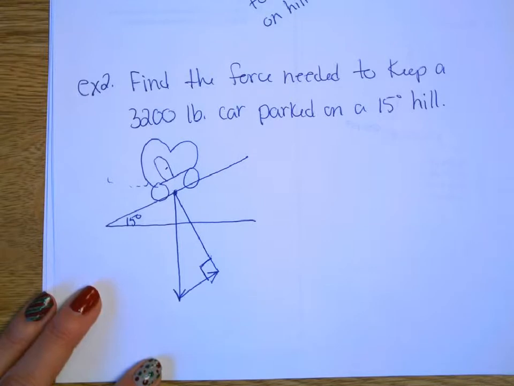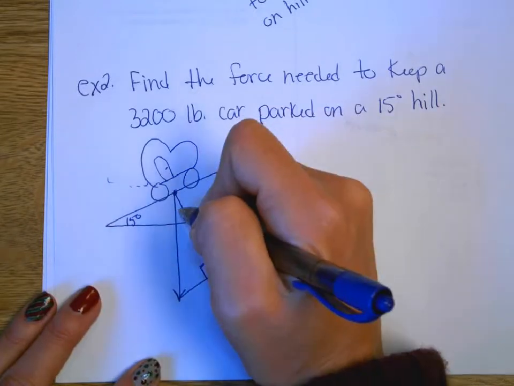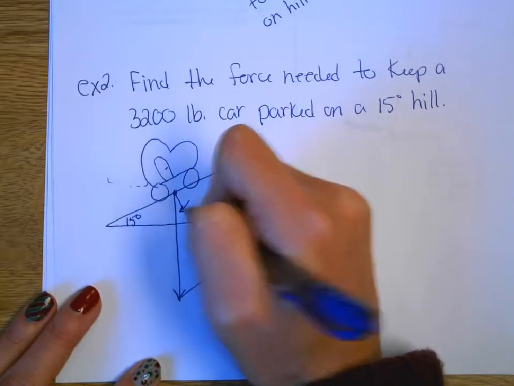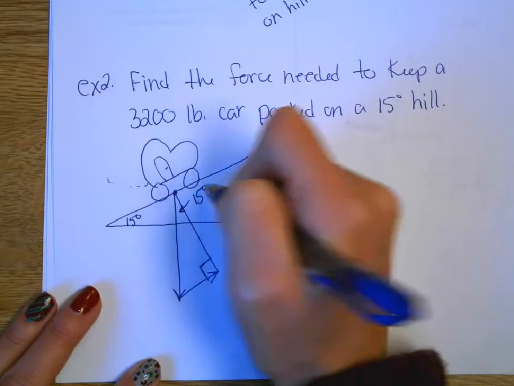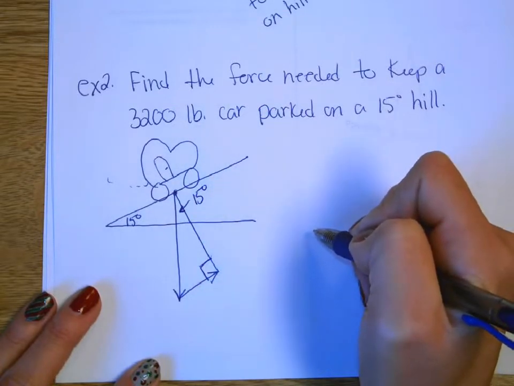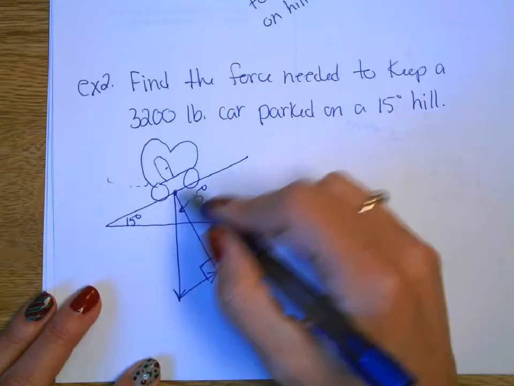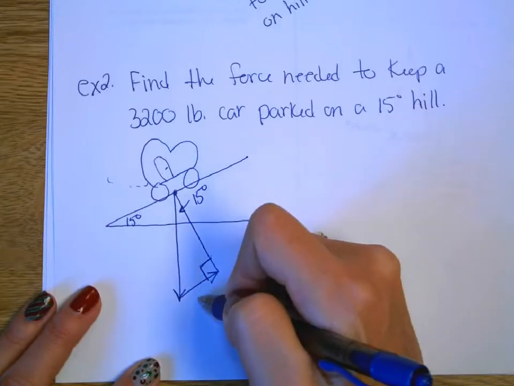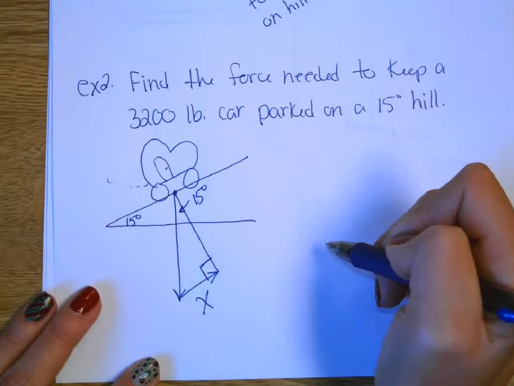Okay, so besides the right angle, what other two parts of that triangle do I know? The angle at the top is 15 degrees. The bottom is parallel, and that bottom one is the one I'm looking for. And the other angle is 75 degrees.